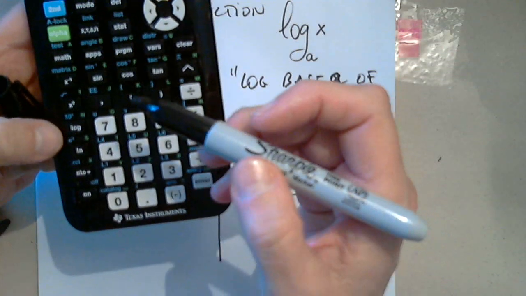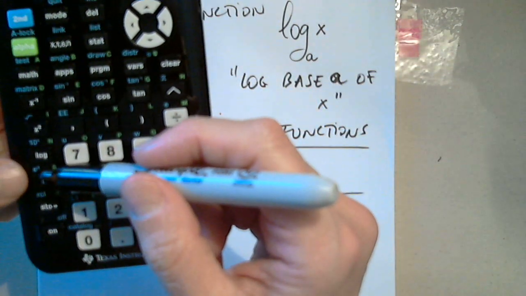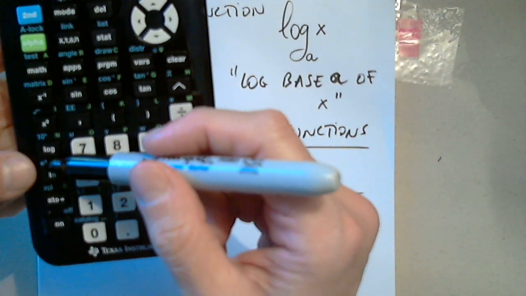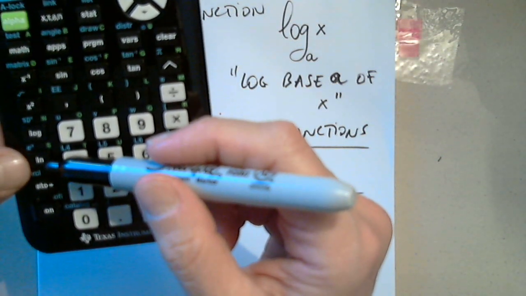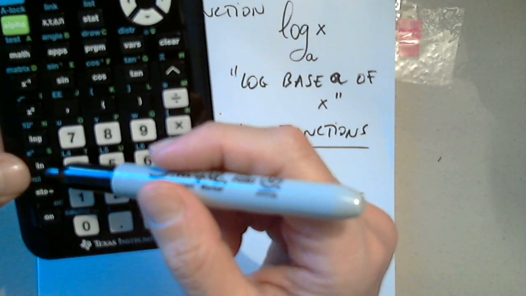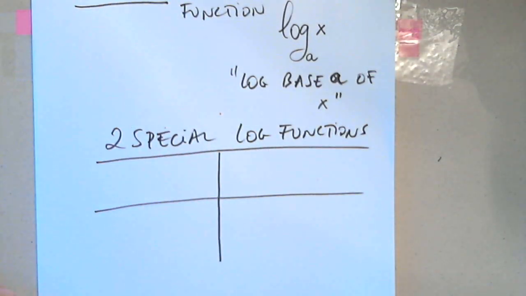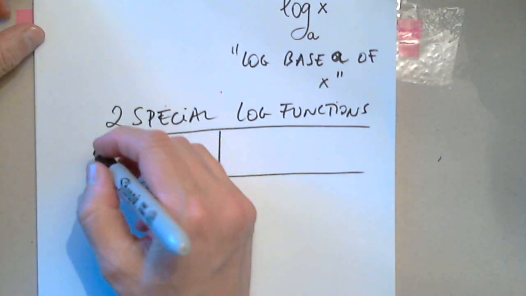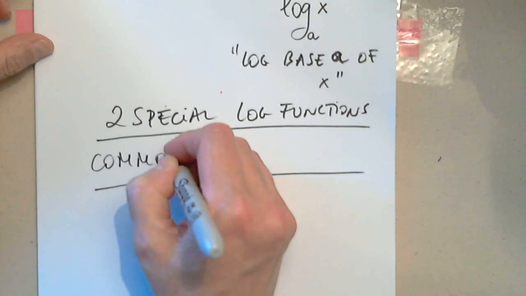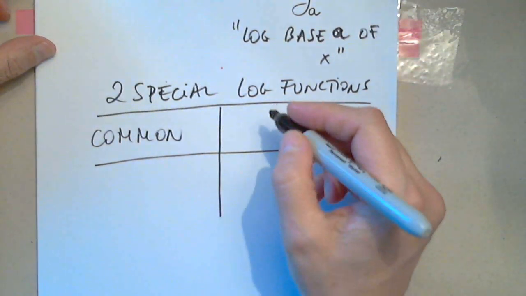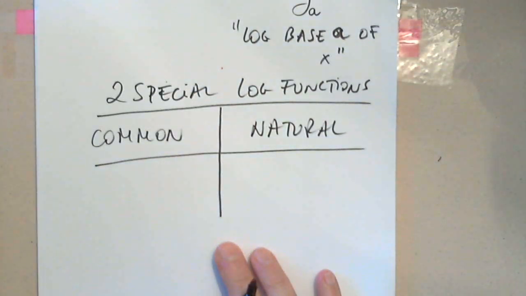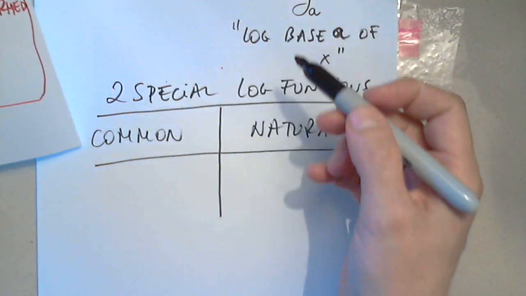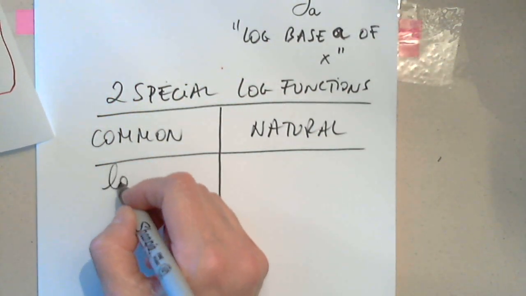I'll write it in a minute. And we also had a special exponential function, e to the x, and it will have this notation as the inverse, or log function. So then, one is called common, like before, and the other one is called natural, exactly like before.